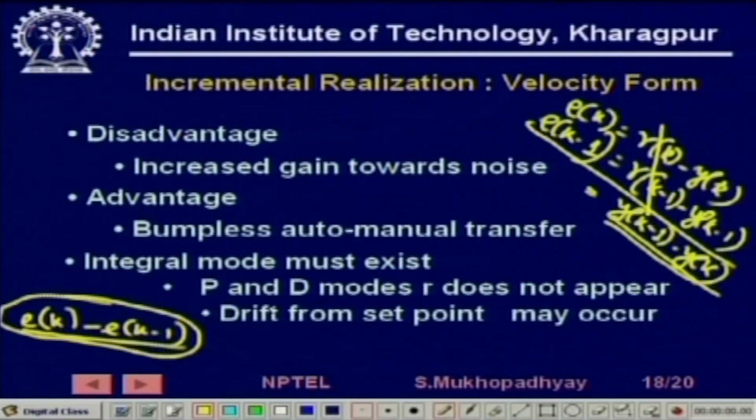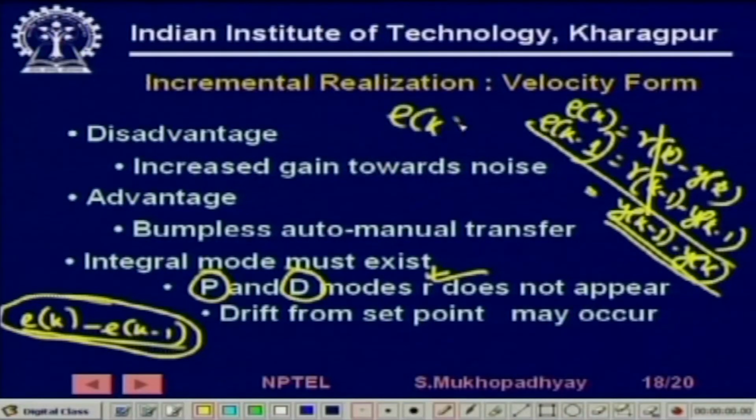And the same thing happens to the D mode. So, in the P and D modes R does not appear. So, even if the output drifts slowly, because R does not appear, the total value of error is not reflected in the control input.